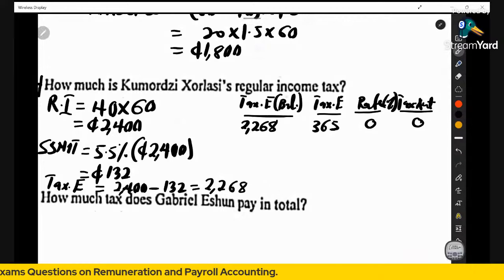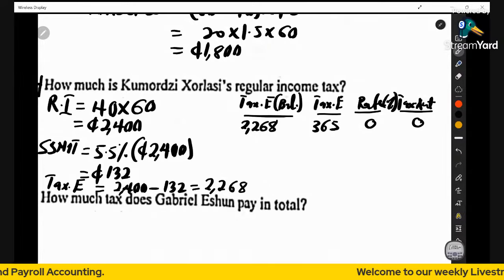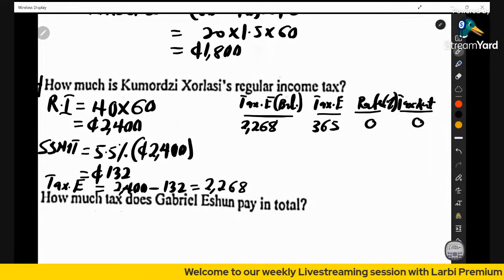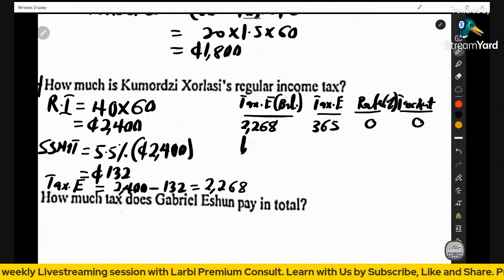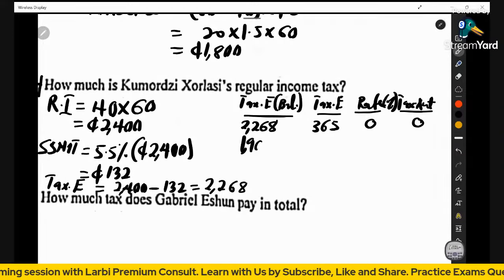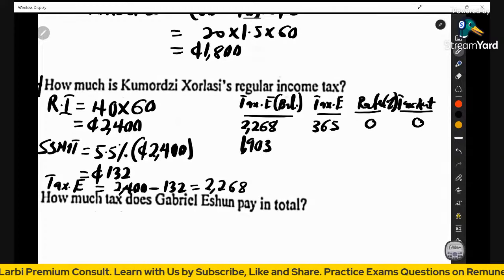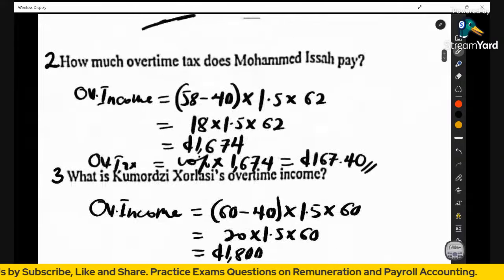So we subtract 365 from 2268, and whatever you get becomes the balance used to apply for the next tax schedule. Hope that is clear. So when I subtract 365 from this, I had 1903.